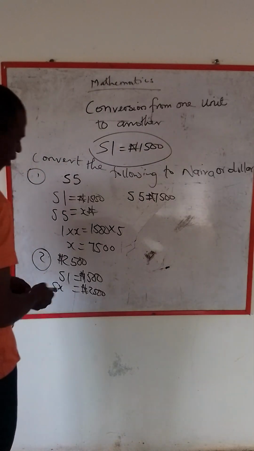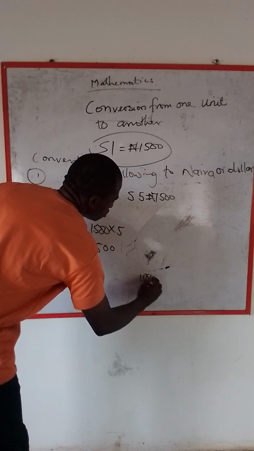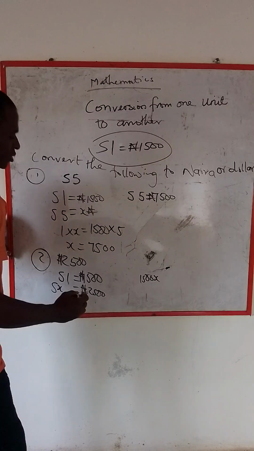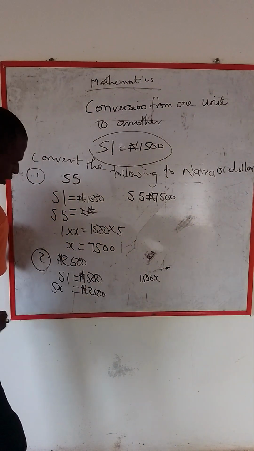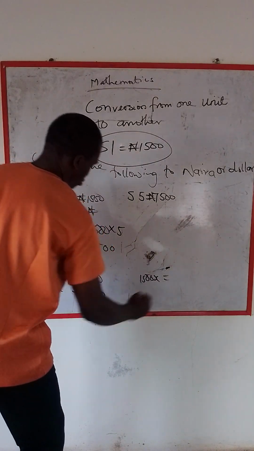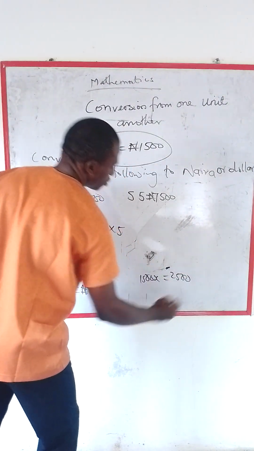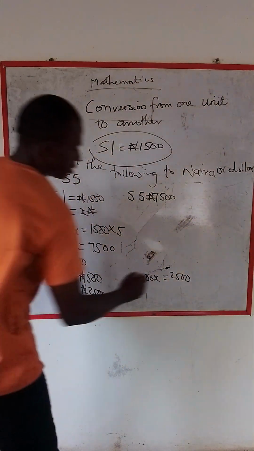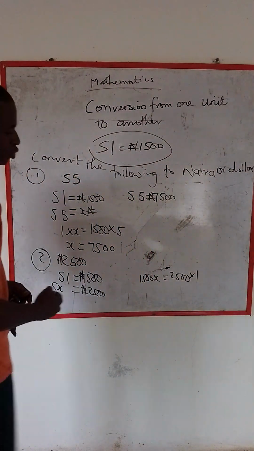So from here, like we said earlier, it's still going to be the usual cross multiplication. When we cross multiply, we are going to have 1,500 times X, equal to 1 times 2,500. We are not carrying the unit alongside. Don't forget what is here.